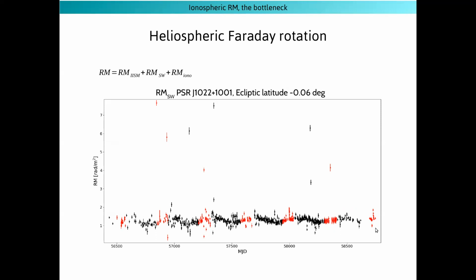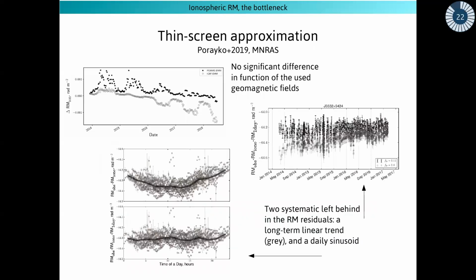As I said, we know that it is a systematic because of a study that was carried out in 2019 by Porayko and collaborators, in which the authors studied the effectiveness of the combination of various total electron content maps with geomagnetic fields in the correction of the rotation measures that we can obtain with pulsars.